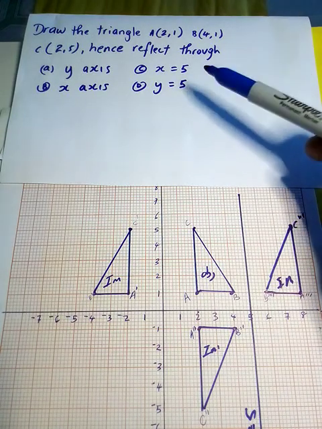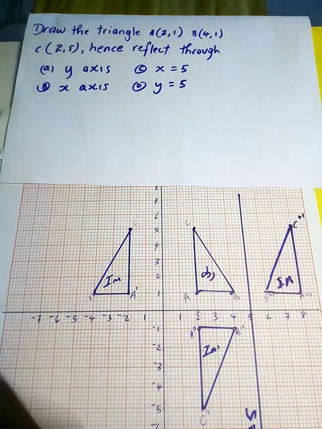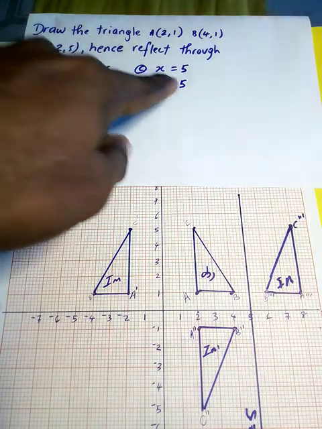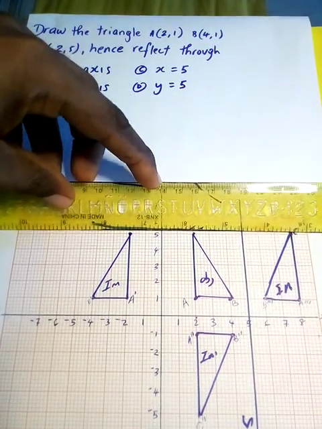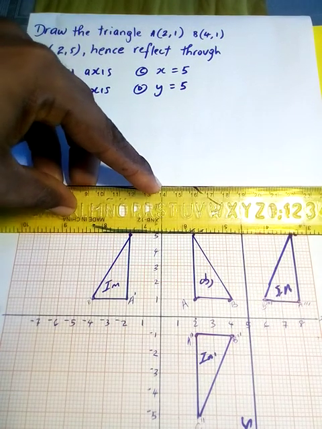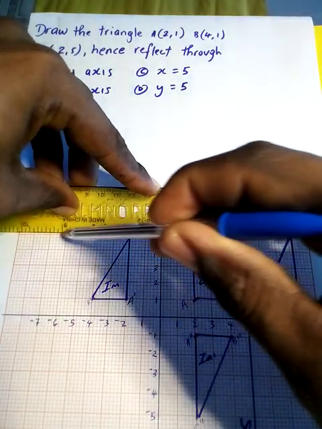And finally, for this question, we're going to reflect through y equal 5. That means we need to find 5 on the y-axis, because y equal positive 5. We learned this already. We just find positive 5 and draw our line through it.